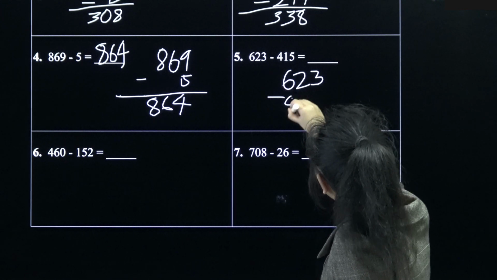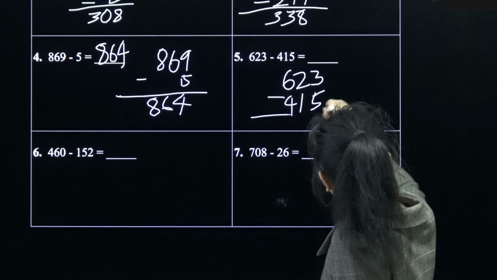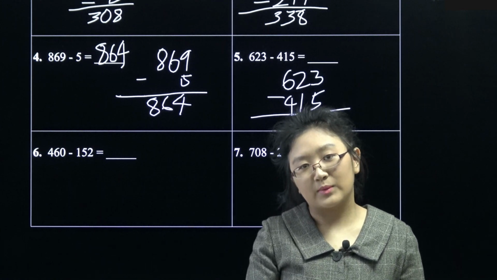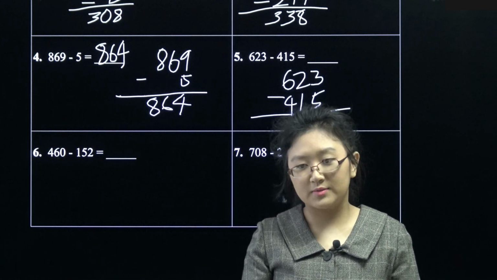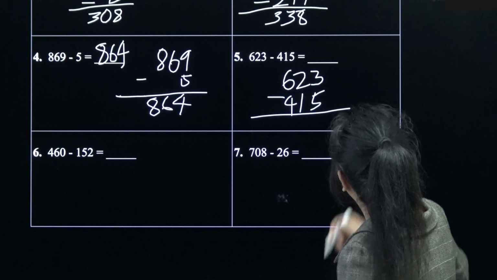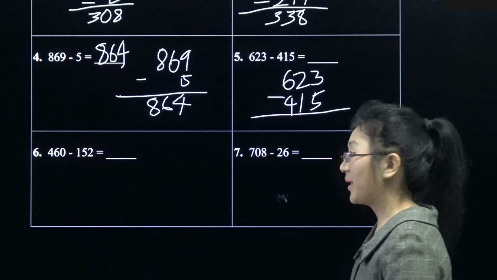623 minus 415. 3 minus 5, well, obviously doesn't really work in this scenario, which means that we borrow, or take and never give back.